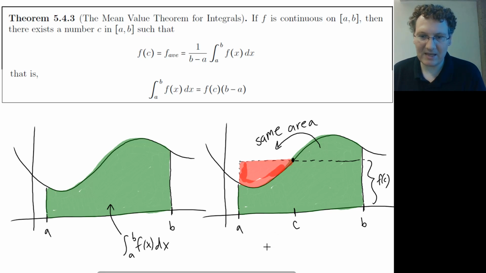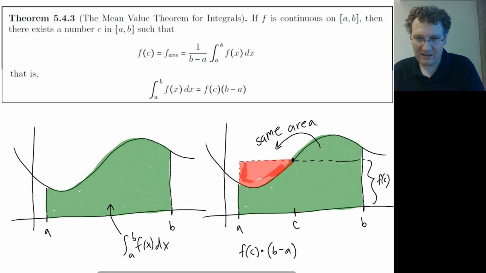Because if you have a rectangle, the area is f of c times b minus a, and that is equal to the integral from a to b of f of x dx.